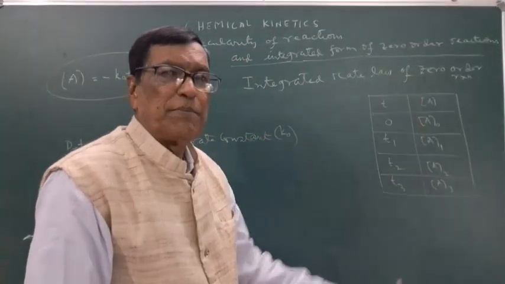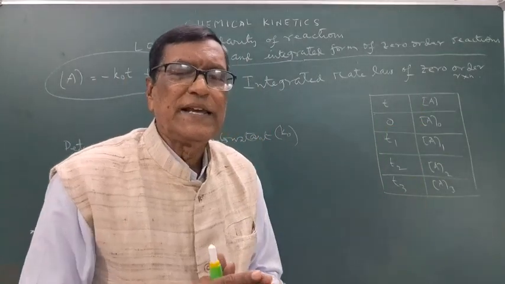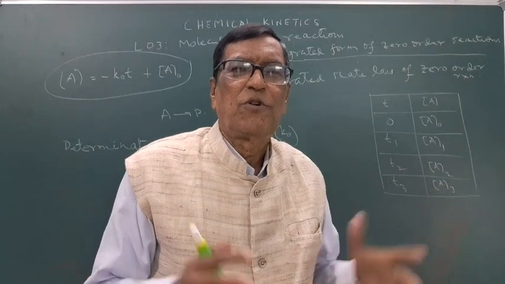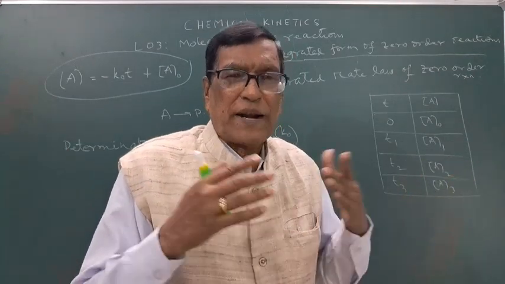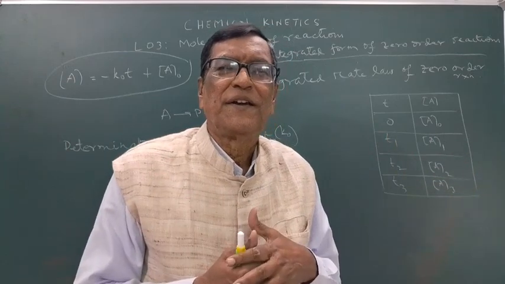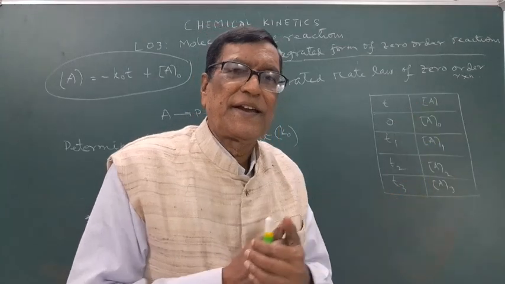So this is the table. These are the experimental data, or you can say kinetic data. These are useful data for our practical purposes. Many factors we can find out from this kinetic data.